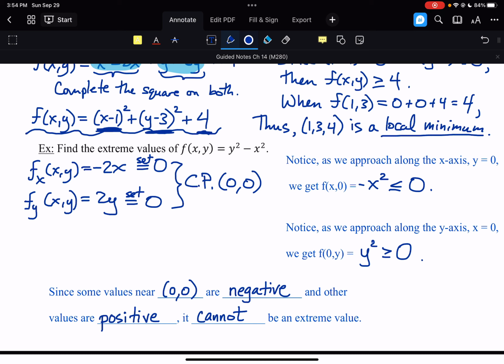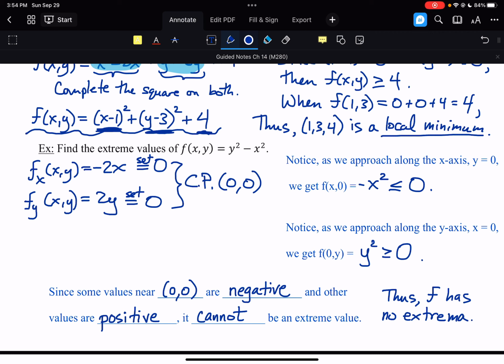That was the only possible outcome where we had a max or a min would be at this critical point. But the critical point is not an extreme value, and there were no other choices. So we can say, thus, f has no extrema. So there are no local maxes or mins on this function.